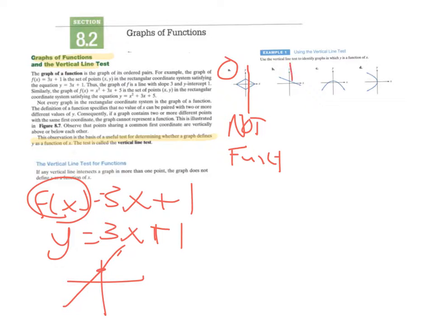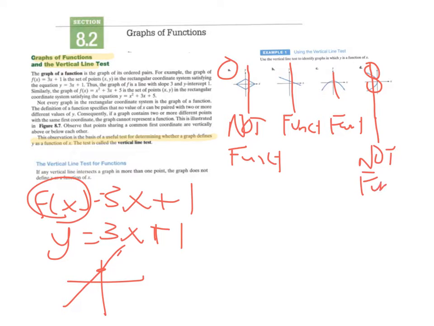If I draw a straight red line, it touches it once, so this is a function. And same with this one. But this last one, if I draw my vertical line, it touches the red line 2 times. See, it touches it right there and it touches it right here. So this one is not a function.